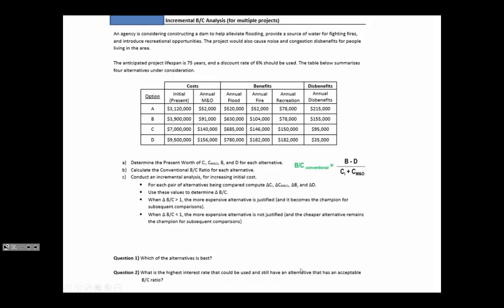But let's say, for instance, that you reject alternative B when you're doing B versus A. If you reject B, then once you're starting to compare option C, you would do project C versus project A. And so the incremental comparison is to the most previous project that was a yes. And once you've rejected a project, then the next comparison is to the second best alternative.